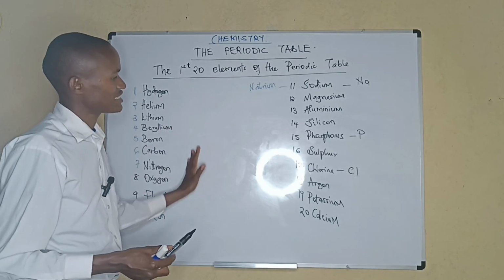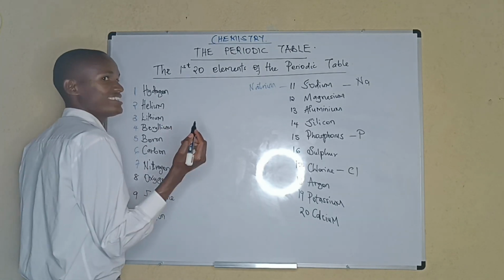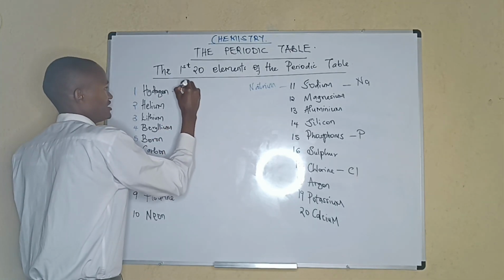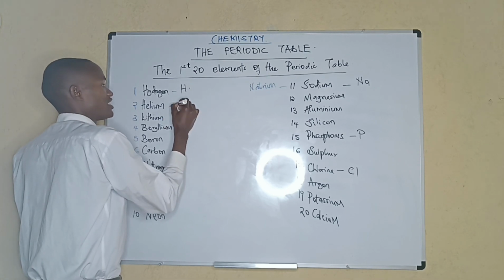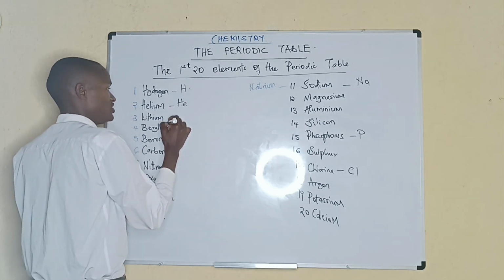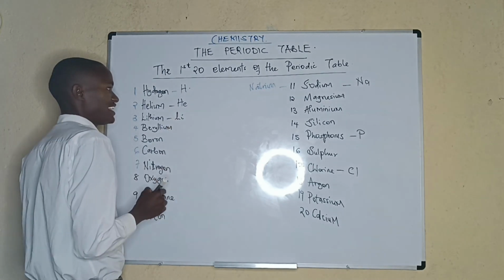So let us name the rest of their chemical symbols. For hydrogen, we got H, good. Helium, He. Lithium, Li.